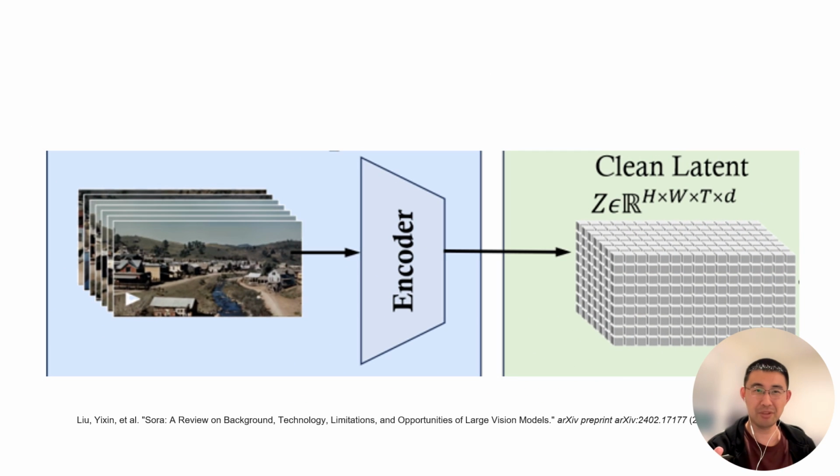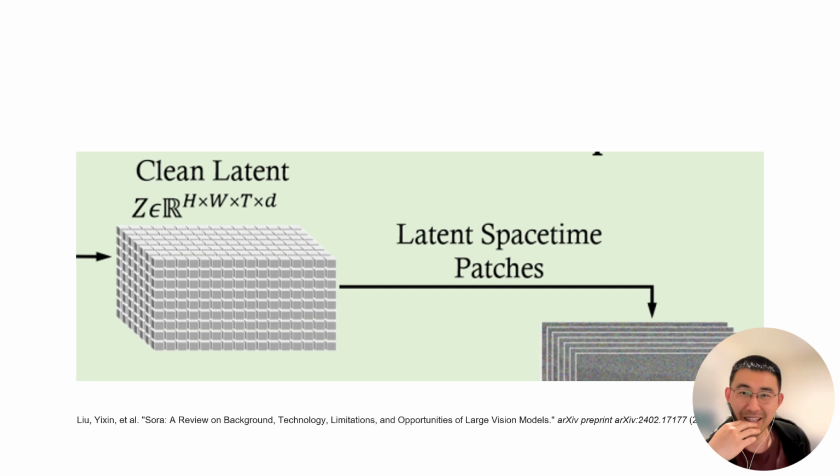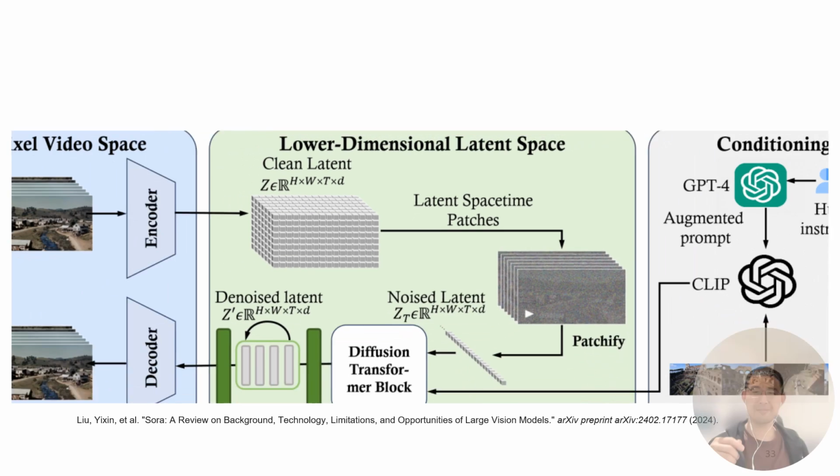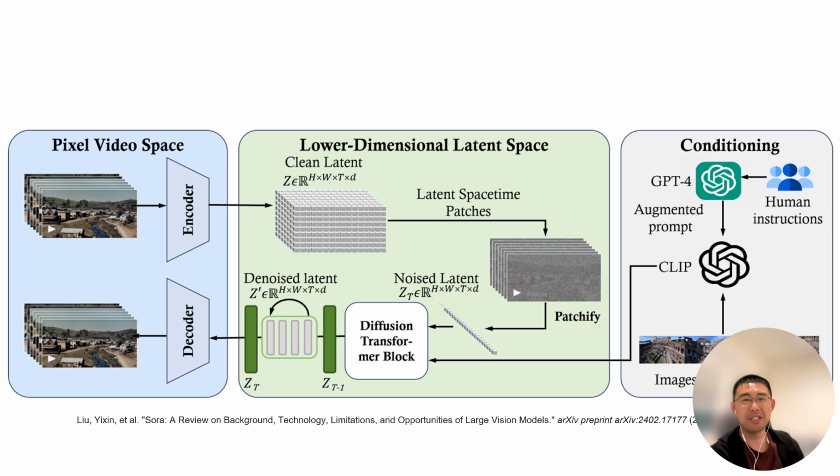This detail between the raw image, compressing it to the clean latent, and from the clean latent to the latent space-time patches. Of course, there is a lot more information we haven't covered. And I'm probably going to conclude here.